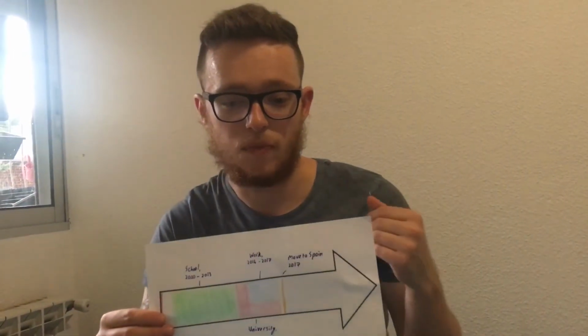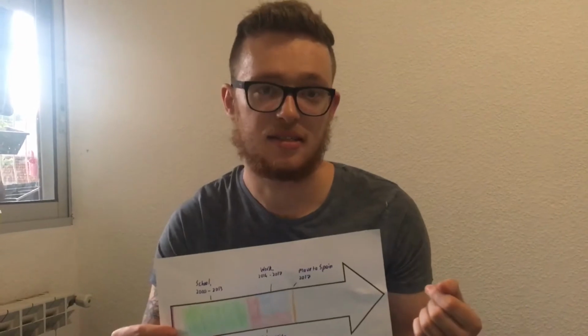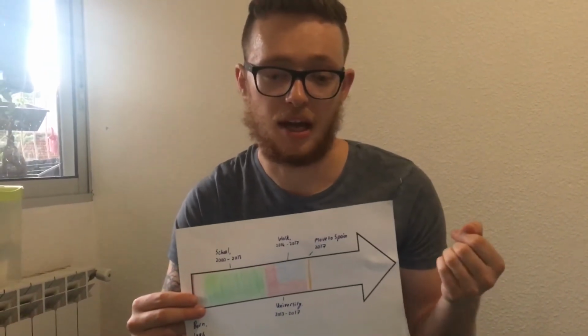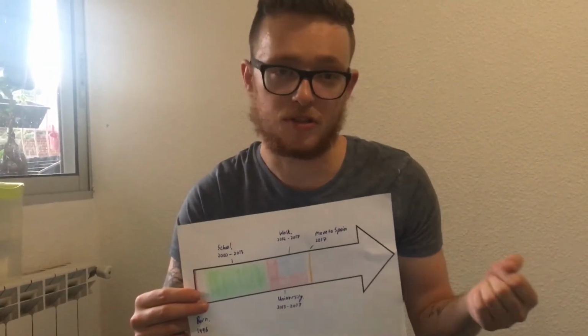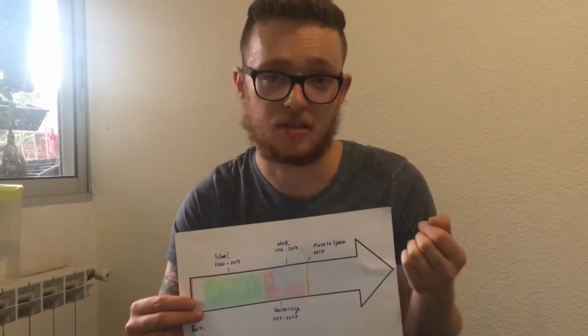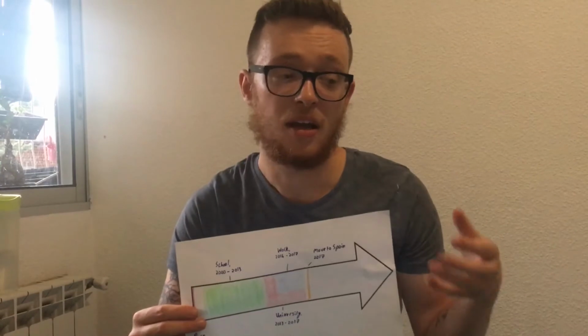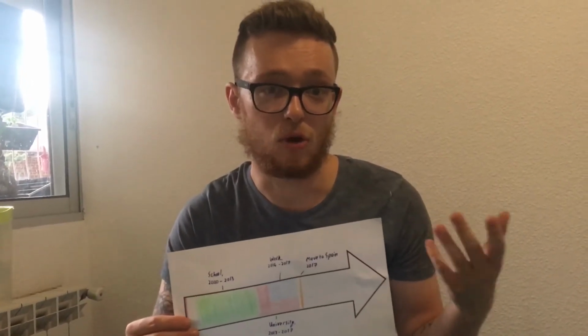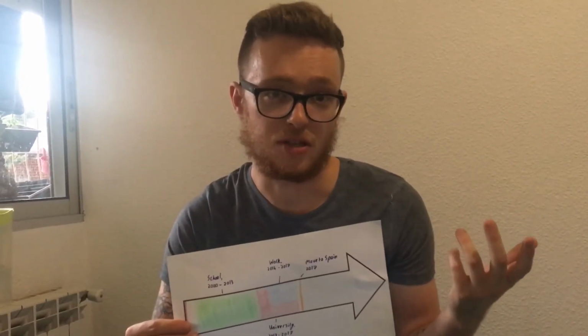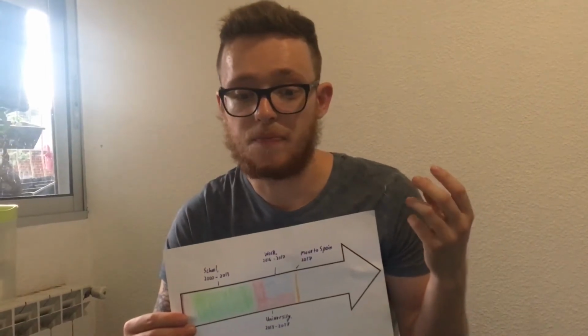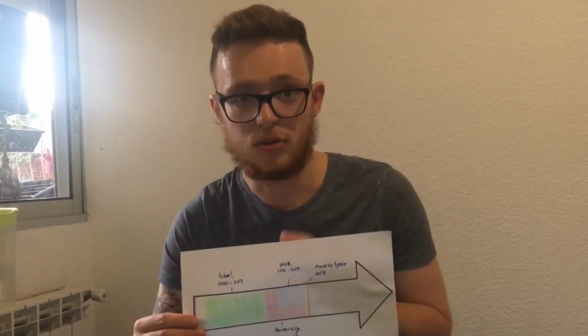Okay, so how long an event or a period lasts is its duration. The amount of years, the amount of months, the amount of weeks, even the amount of minutes that something lasts is its duration. So the duration of this video will be a few minutes. The duration of the Roman Empire was a few thousand years. And you need to show that on the timeline.